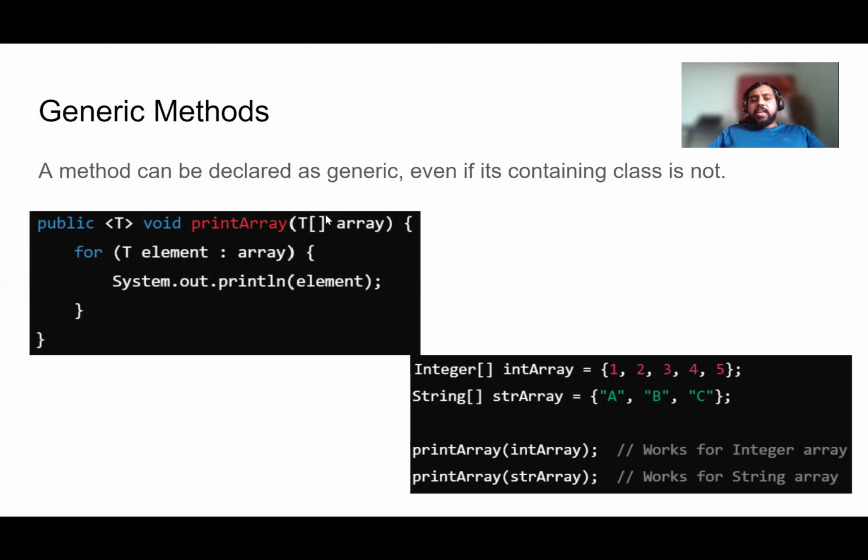I just made it generic, right? So first time it will act as an integer array and it will print the elements, 1, 2, 3, 4, 5. Second time I made it a string array, so it will print ABC. So the use of this is that we can use the method for multiple types of data.